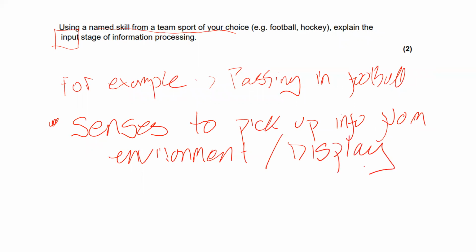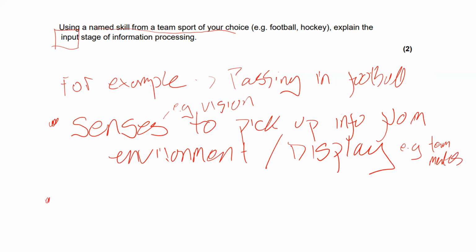The display is just what's going on around you and in front of you. Okay. So, for example, in passing in football, you use your senses, and you might comment on a few, for instance, your vision, to see the information on the display, on the environment, e.g. teammates.